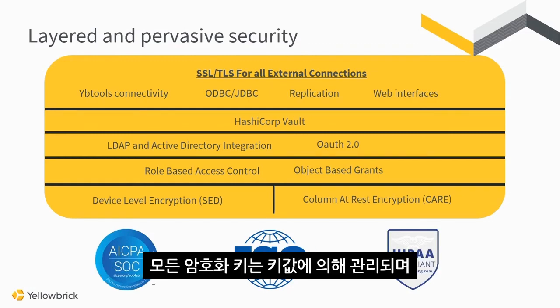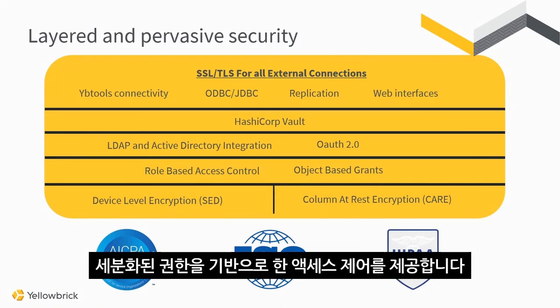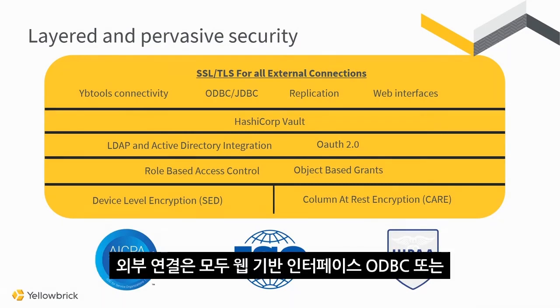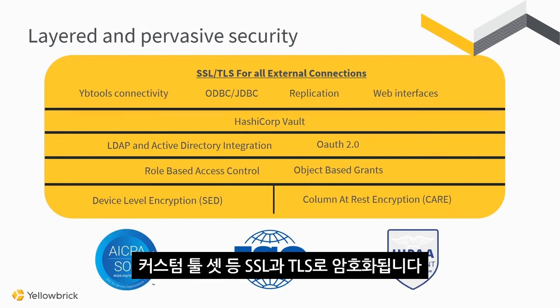All encryption keys are managed by our key vault, and we provide role-based access control with fine-grained object grants. We integrate easily with LDAP, Active Directory, and OAuth, and all external connections are encrypted with SSL/TLS, whether it's our web-based interfaces, ODBC, or our own custom toolsets.